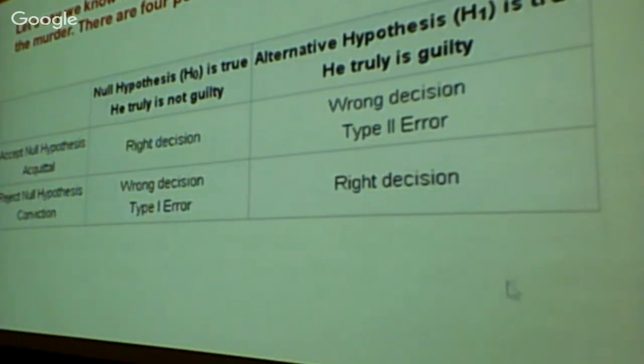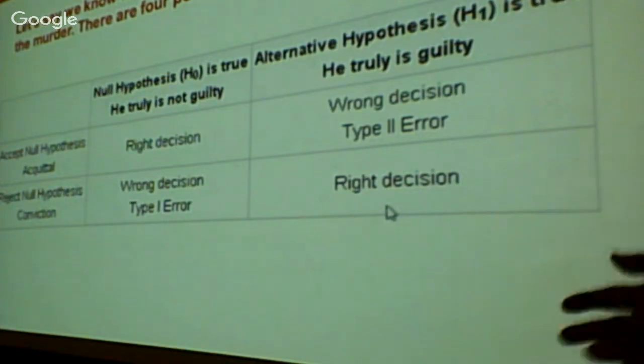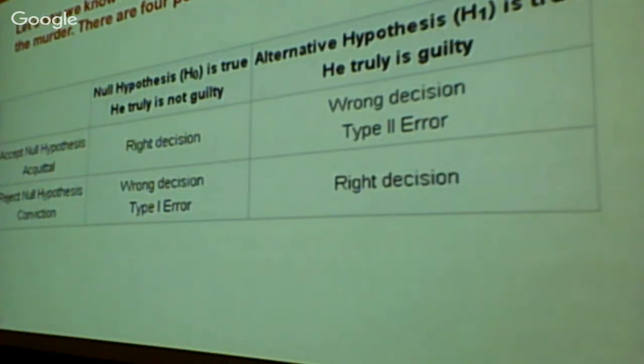We never know if this is the case. But let's assume there is a godlike power who knows the truth, right? So the universe, God, whoever it is, knows that he's actually innocent or knows that he's guilty. This is truth, and this is what we decide. The same way in statistics, we never know the truth. We never know if the drug actually works. All we know is our test tells us that, hey, it worked or it didn't work.